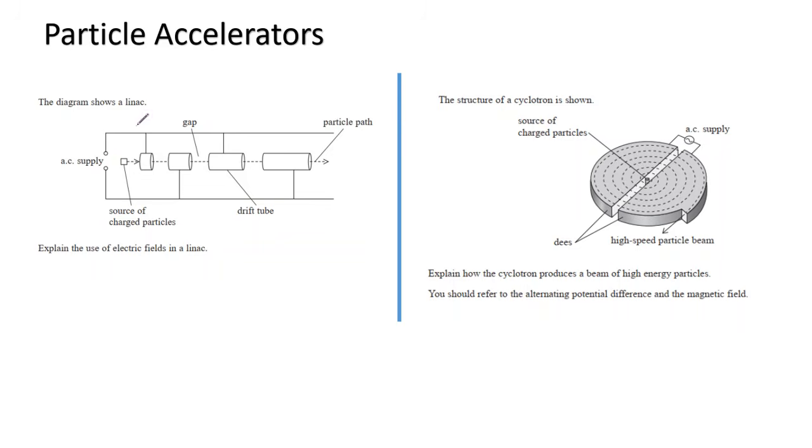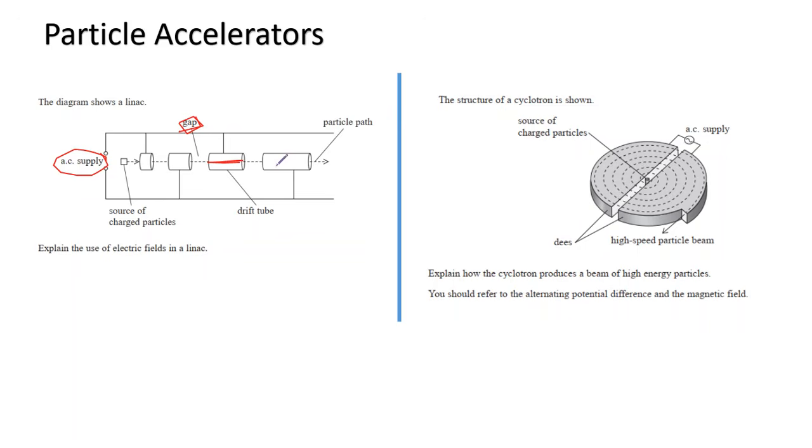And in LINAC, electrons are generally accelerated, but electrons are only accelerated in the gaps, that is between the tubes. Electrons travel with a constant speed inside the tube, and always remember the time spent inside each tube is always constant, because that has to be consistent with the time it takes for the AC supply to switch the polarity.